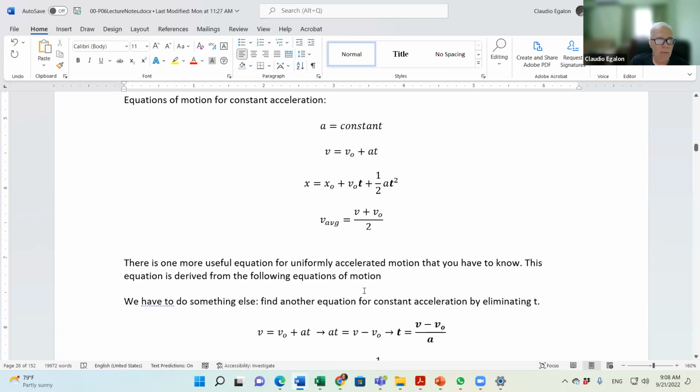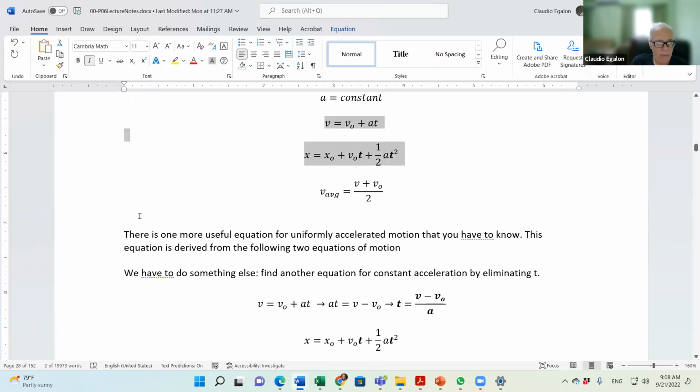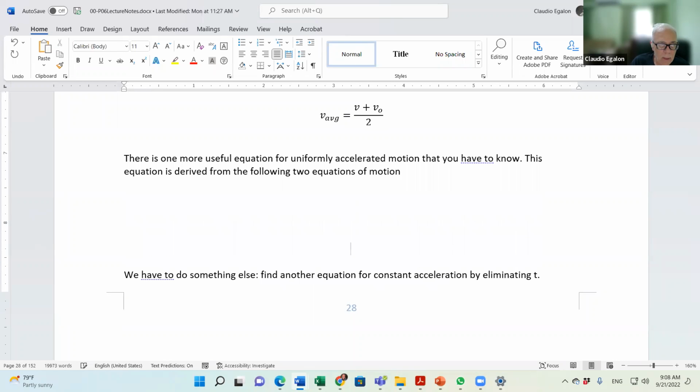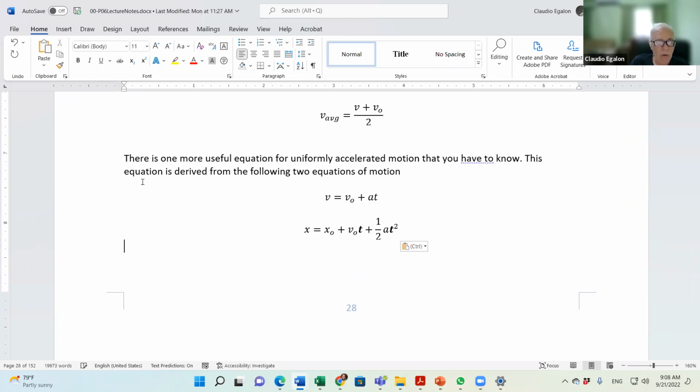This equation is derived from the following two equations of motion. Okay, here you go. Those two here. Starting with those two equations, we are going to get a third equation that's very useful. Using these two equations, we are going to get another one that is very useful.